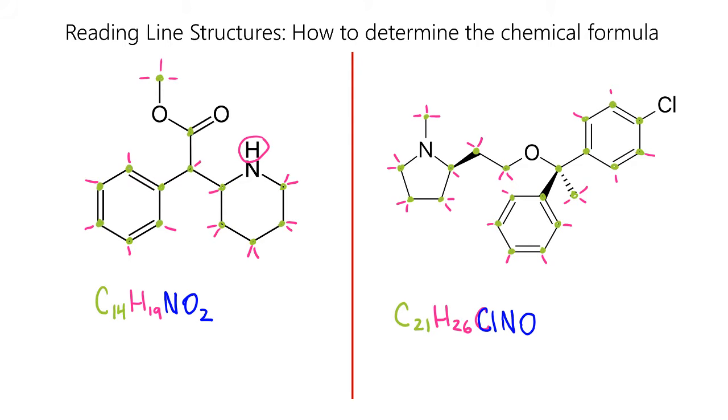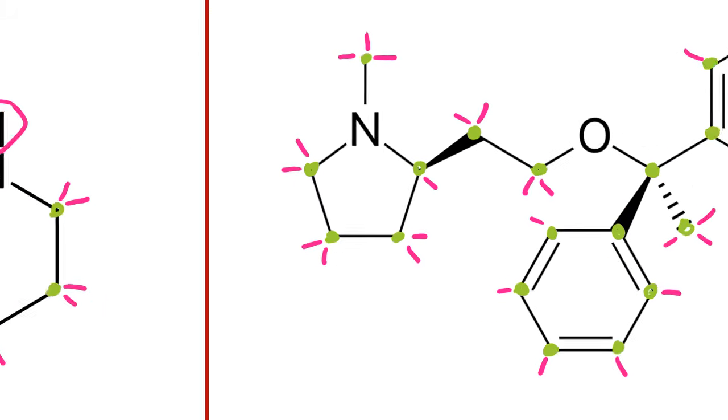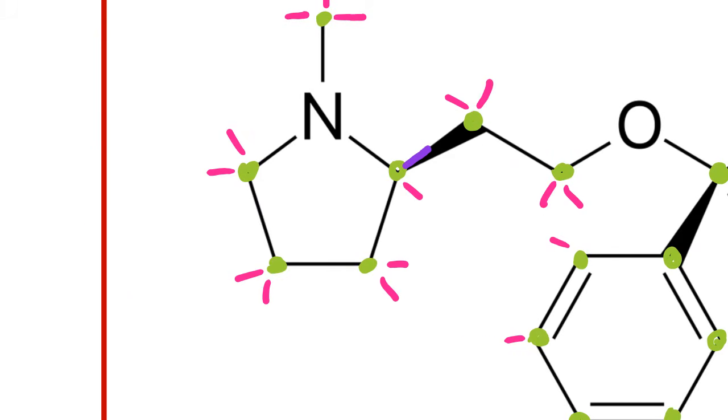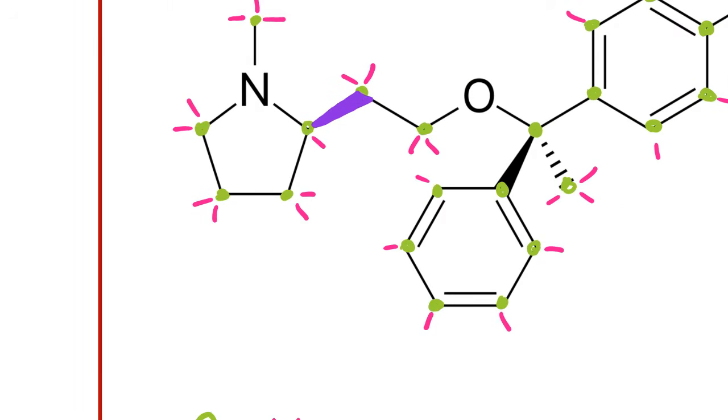We cannot leave without first addressing what these weird looking bonds are that some people may have seen in Gen Chem or in organic chemistry, and you may not have seen before. But these bonds here, these wedge bonds and these dash bonds, those are simply single bonds.